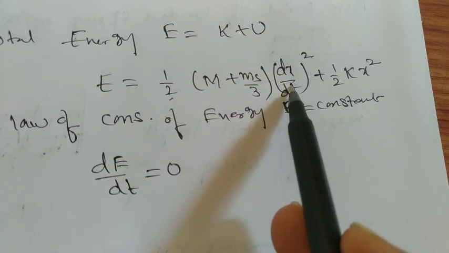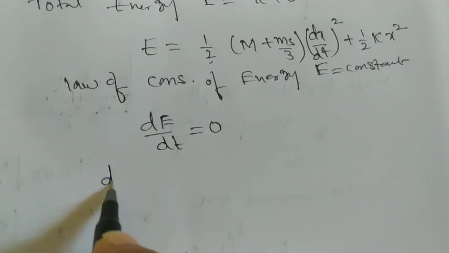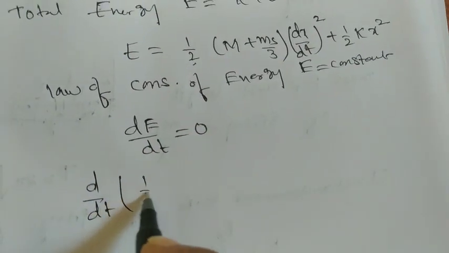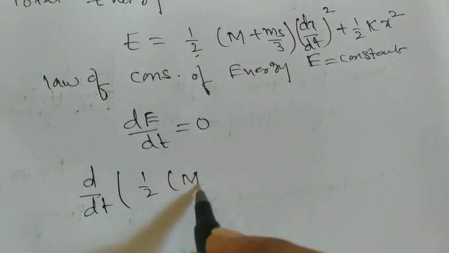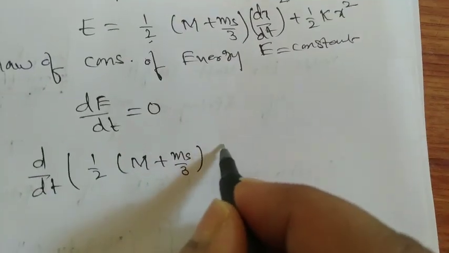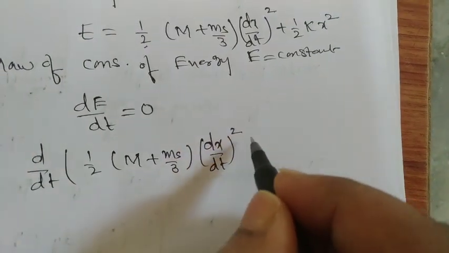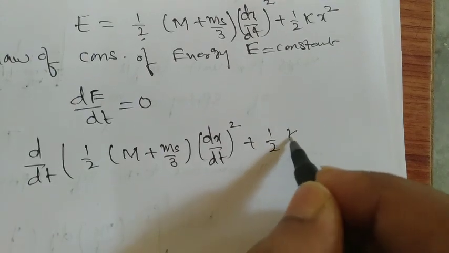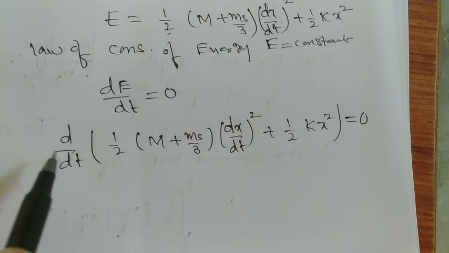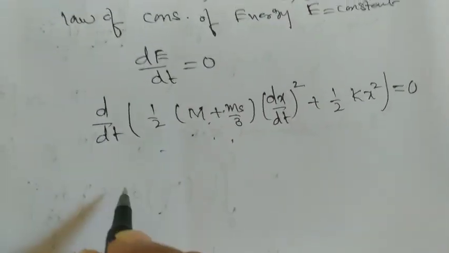So applying the differentiation to the total energy, d/dt of (1/2)(m + ms/3)(dx/dt)^2 plus (1/2) k x^2, equals 0. Here (1/2)(m + ms/3) is a constant taken out.